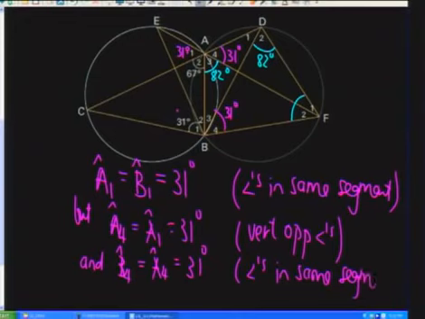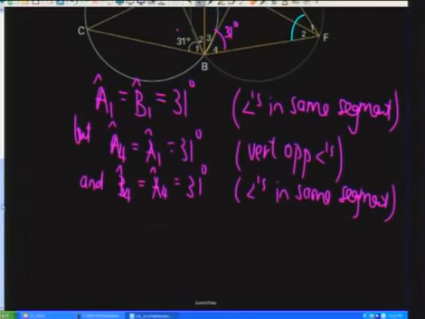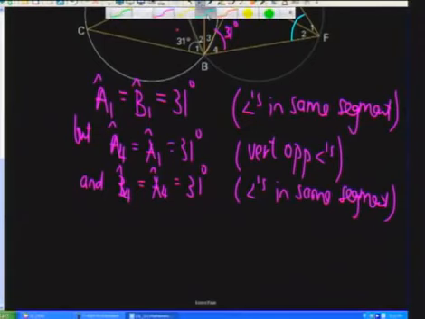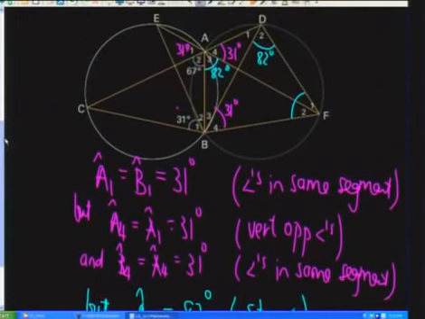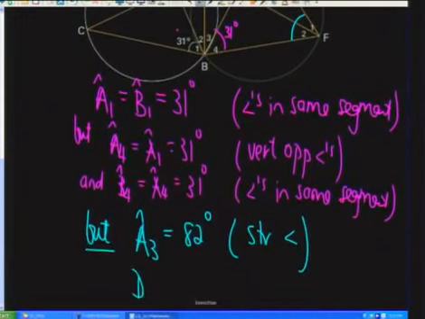And finally, we found A3, but A3 was equal to 82 degrees because we had a straight angle. And that gave us a clue into D2 as being the same as A3 because it was angles in the same segment.